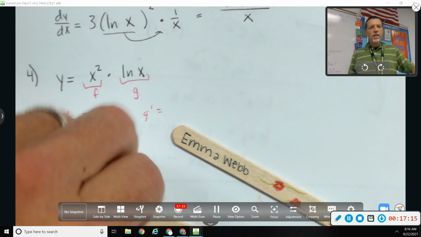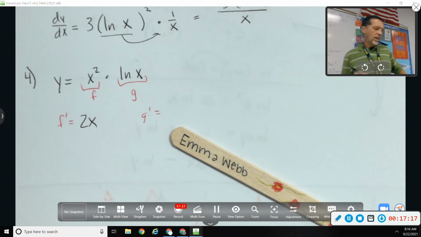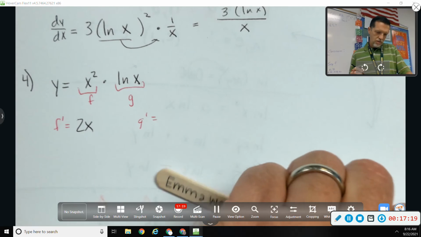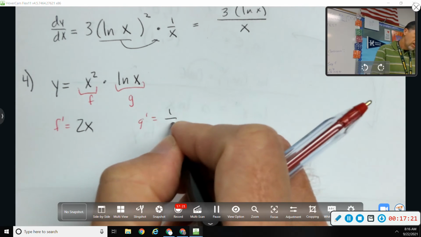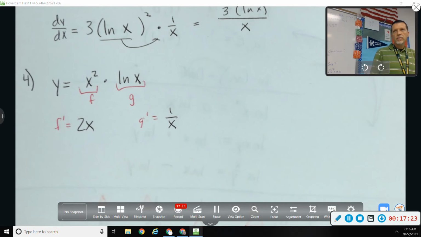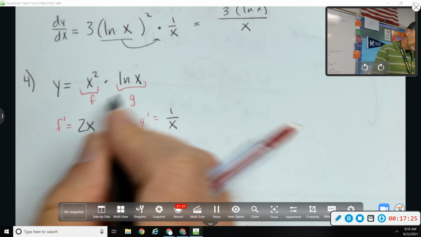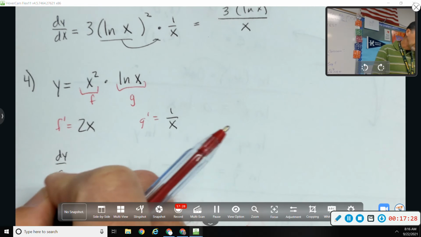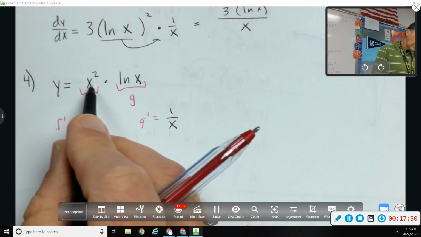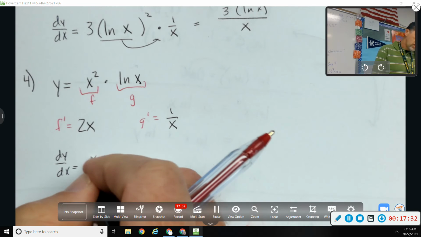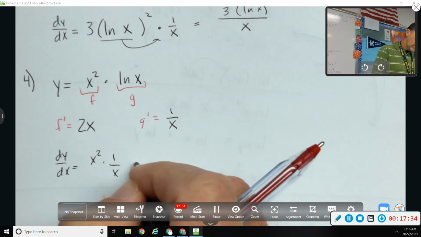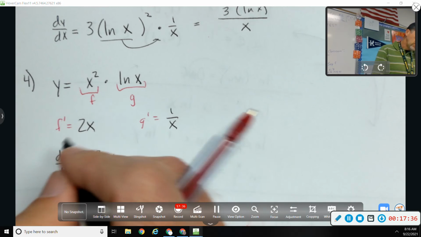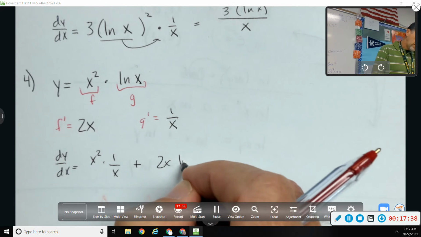Emma, if g is natural log of x, what's g prime? 1 over x. Then the rest is old news. The rest is just putting this back together using the product rule. So f g prime plus the other way around, 2x natural log of x.